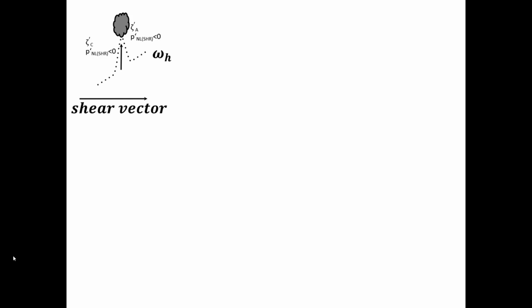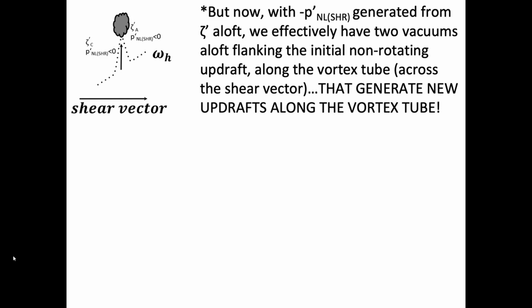One perturbation pressure deficit is to the right of the shear vector, one is to the left of the shear vector, with our cyclonic or upward vertical vorticity to the right of the shear vector, and our downward vertical vorticity to the left of the shear vector, or anticyclonic.